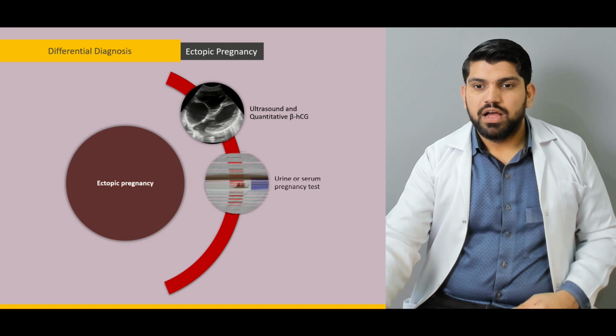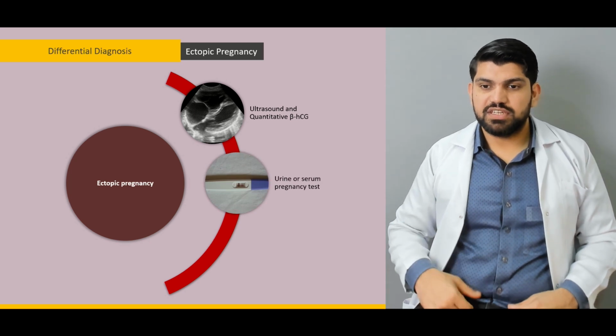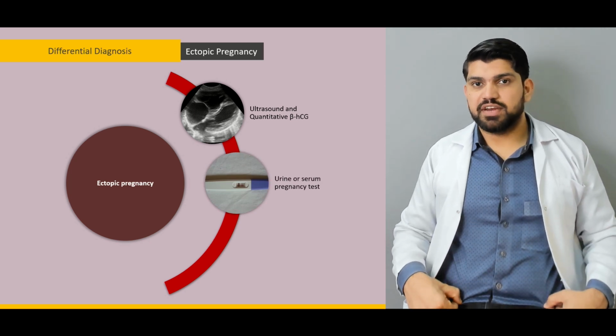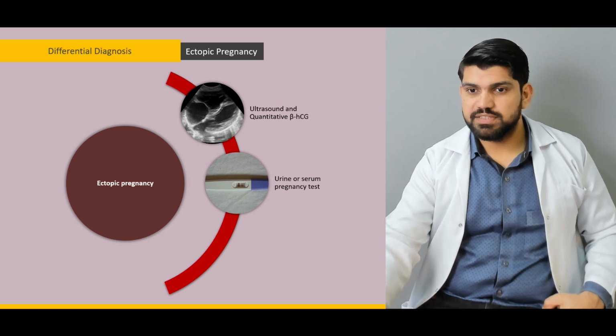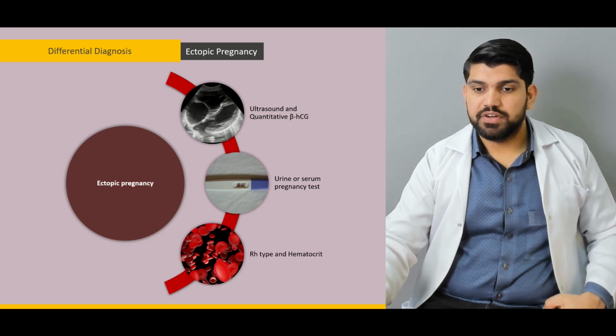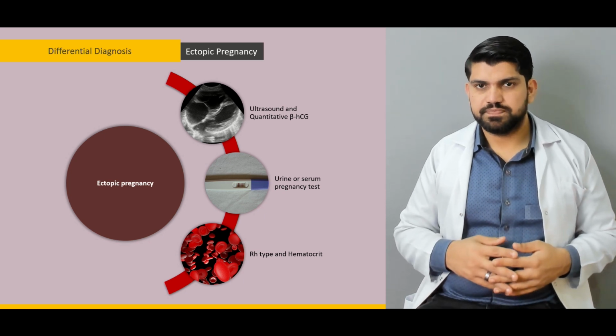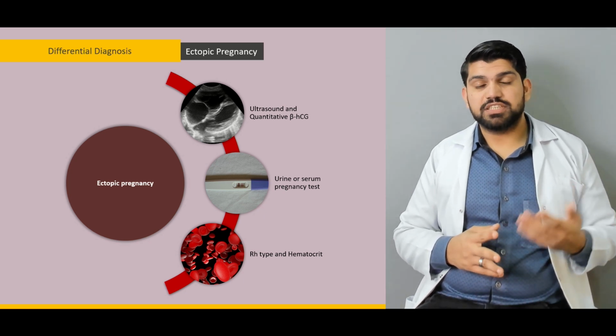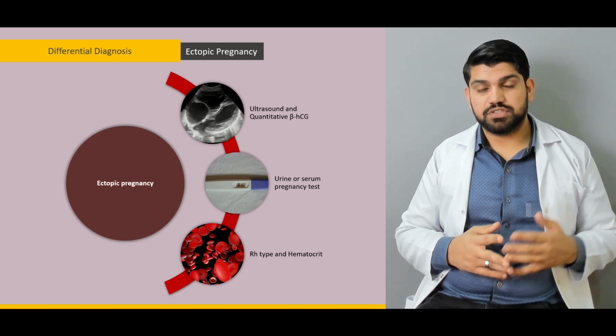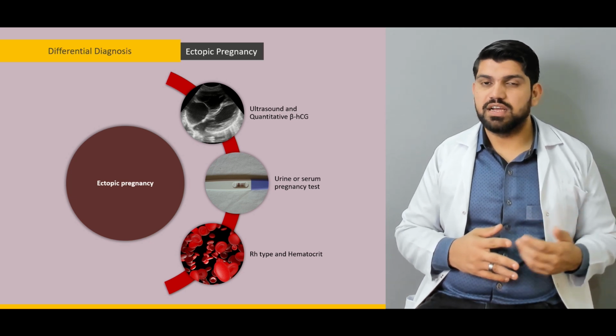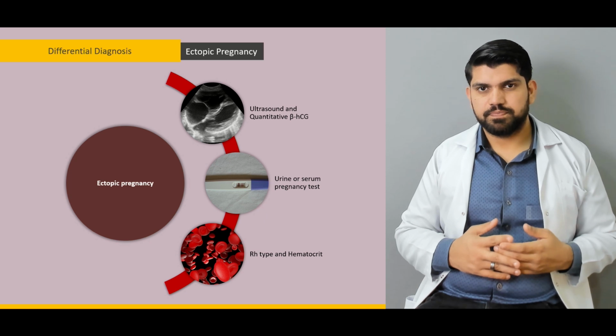So, ultrasound and quantitative beta HCG, urine or serum pregnancy test to rule out pregnancy, Rh type, and hematocrit. Hematocrit is a very important sign of hydration status. With increased hematocrit, signs of dehydration. Decreased hematocrit, signs of overhydration.